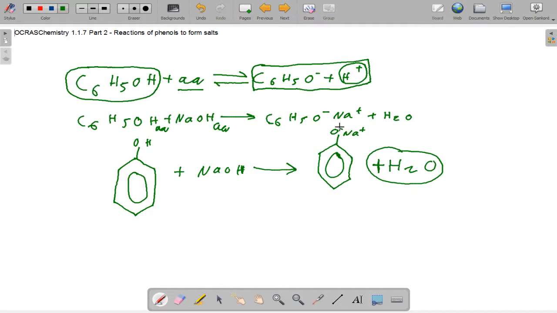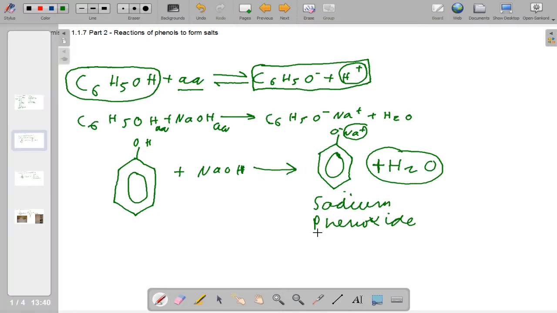So benzene is directly attached to O- and Na+, and that's all you need to know. This is called sodium phenoxide. Sodium at the start because it's got a sodium+ ion, and phenoxide because it's got the oxygen attached to the benzene ring.